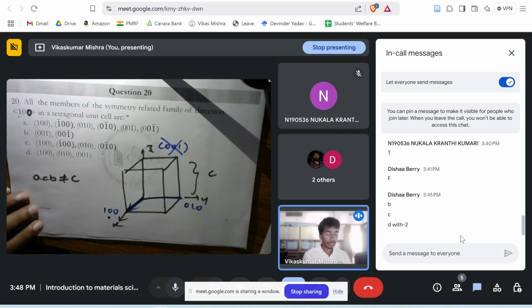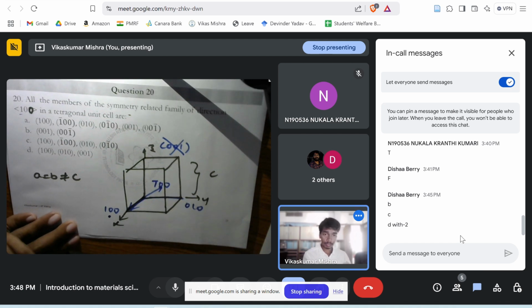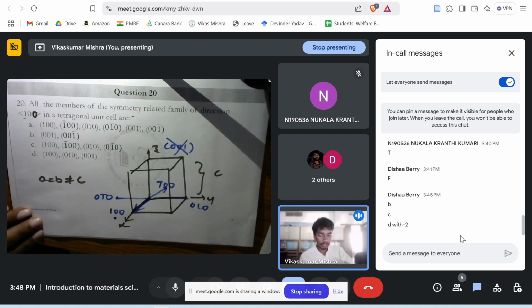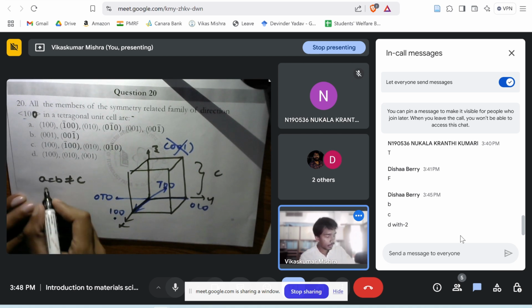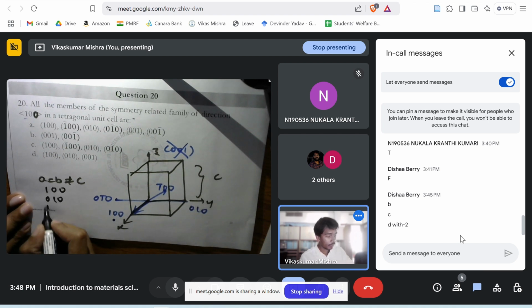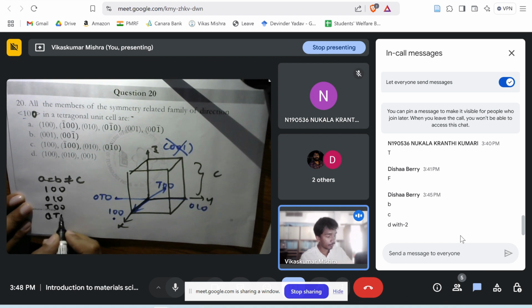Is there anything else we can include in this family? Yes. Opposite to x, that is 1 bar 0 0, will also have the same dimension, so we'll include it. Also 0 1 bar 0, so we'll include that too. So our correct answer is 1 0 0, 0 1 0, 1 bar 0 0 and 0 1 bar 0, these four.